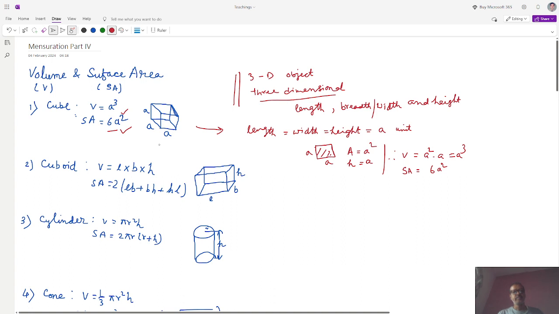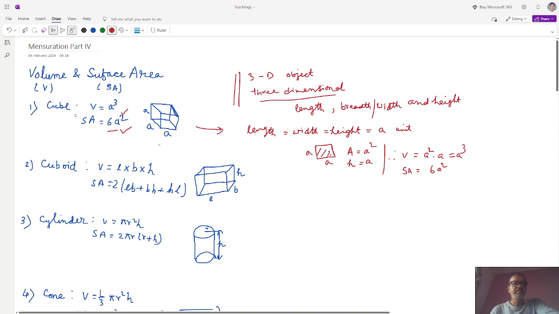Frequently it is seen that students forget these formulas. But if they try to understand the origin of the formula, then it will be very easy to remember.